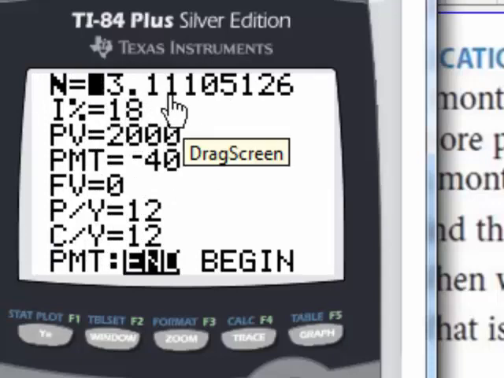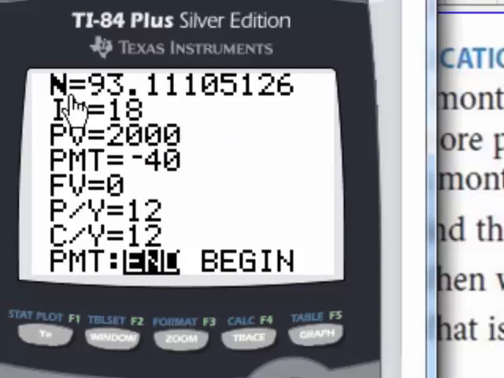So that last month wasn't a full payment of $40. So how do I find that exact amount that you paid for that merchandise? Well, you could take this number, your number of payments, times 40. That would be the easiest. And don't round this decimal. Don't take 93.11. That's not going to be perfect.